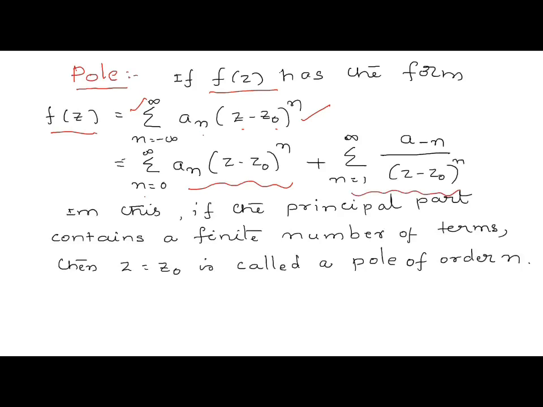In this, if the principal part contains a finite number of terms, then z equal to z naught is called a pole of order n. In that case, when z equals z naught, this becomes infinite, so we say z equal to z naught is a pole of order n.